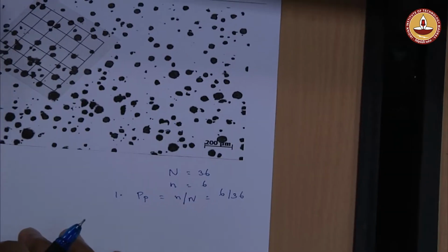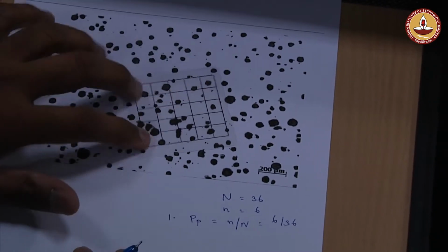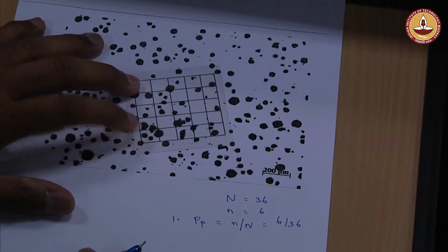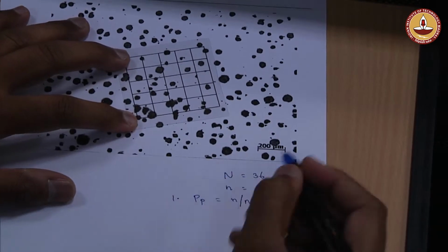Now I will put this probe in a different area, in a different random orientation like this, and start counting again.